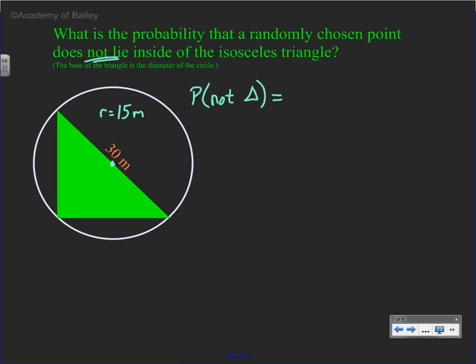So on top, we will have the favorable outcome, which would be the area of not landing in the triangle. And on bottom, you will have the total area of the diagram, which is the area of the circle.